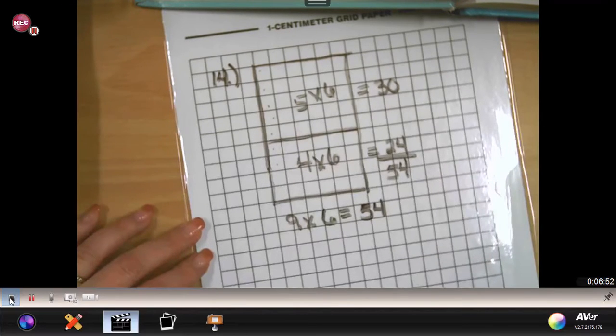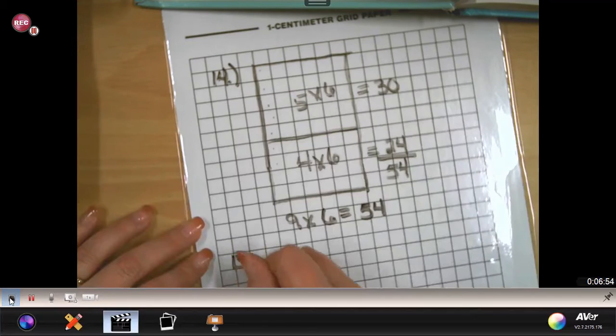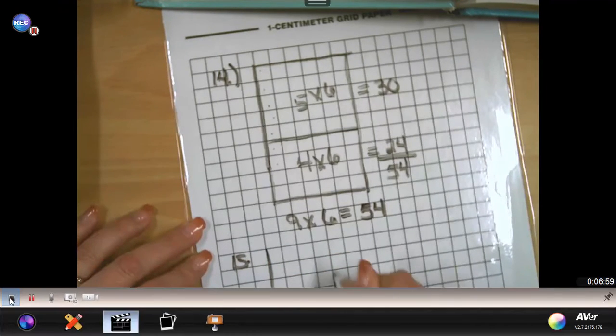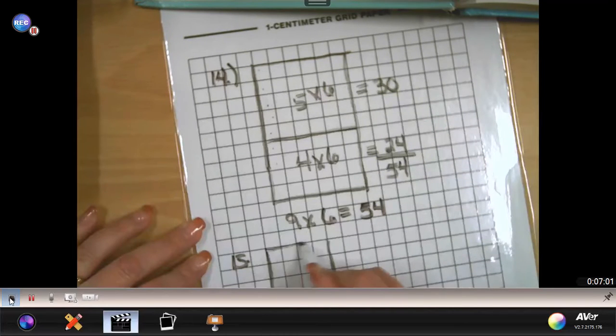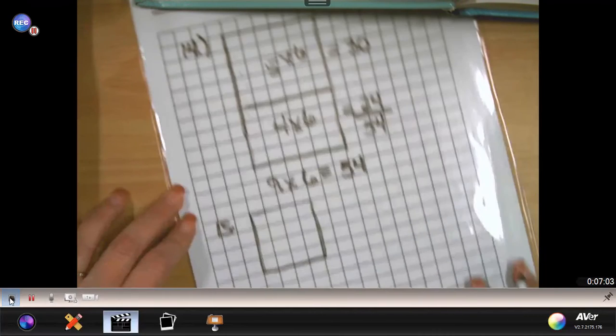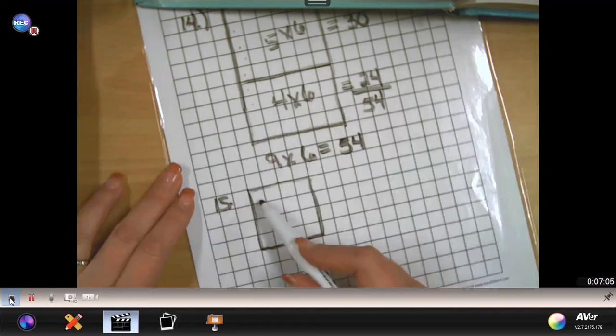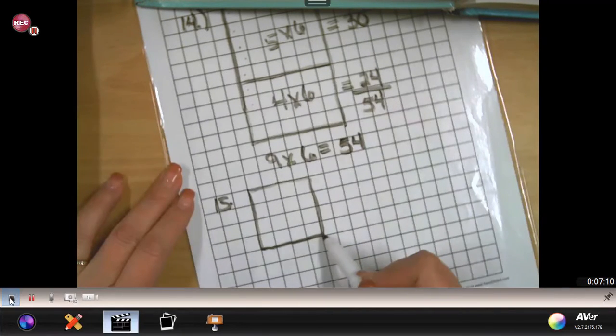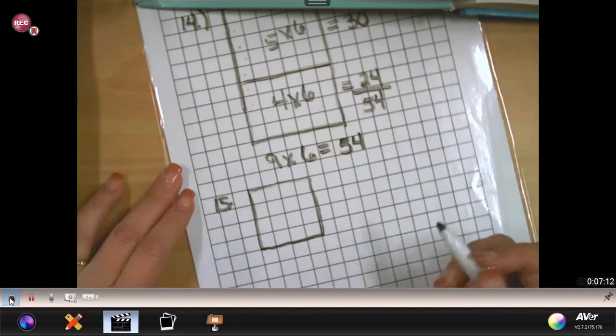4 times 4, so for number 15, we have 4 rows with 4 in each row. And if you notice, since these are the same number of squares going down and the same number of square units going across, this is actually a square.